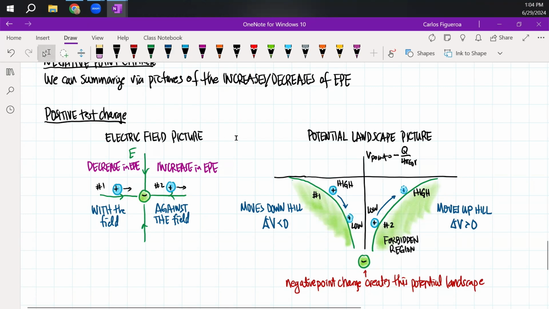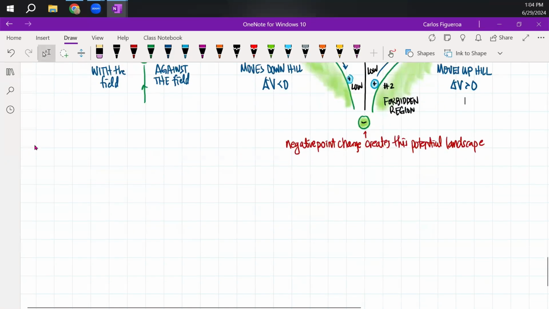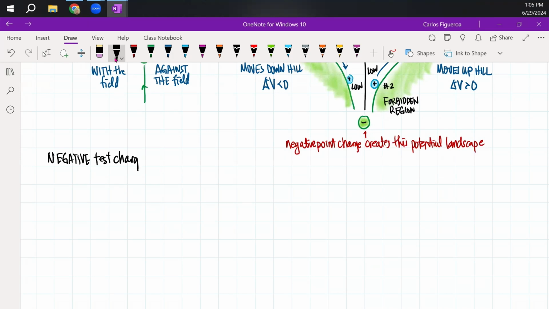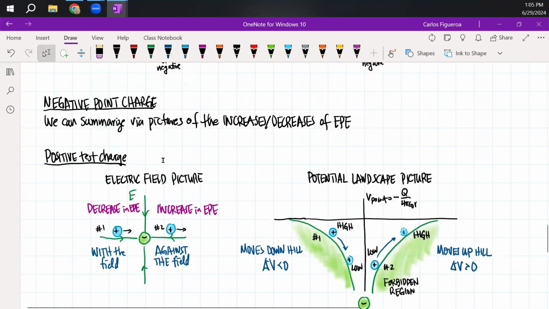So now I'm going to repeat the process for a negative test charge. Now I'm going to play the same game as I did before.